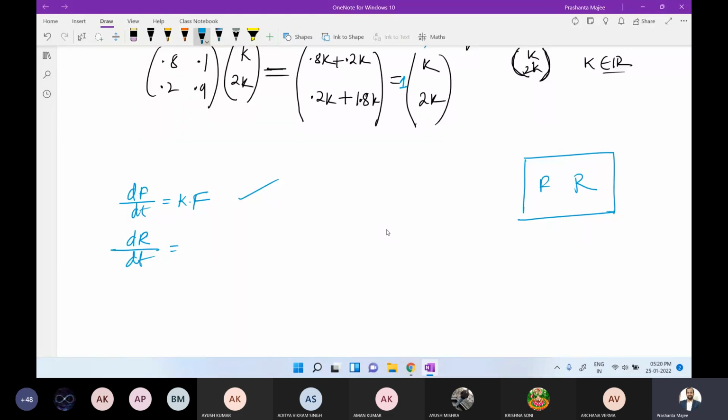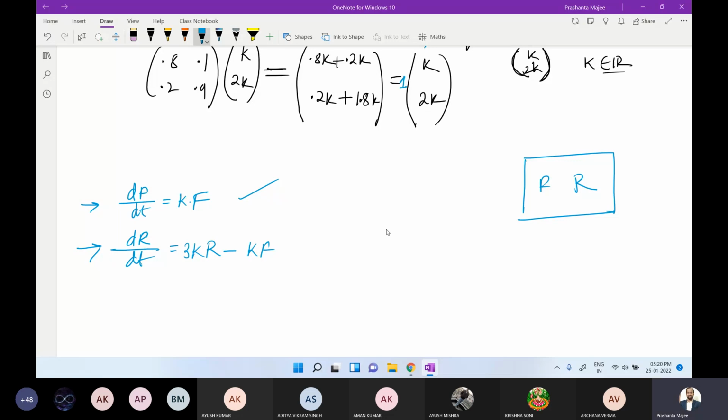So that rate will be a bit more, maybe 3 times k of rabbit, and some of the rabbits will be eaten by foxes, so suppose minus k into f. So this is the rate of change in the number of rabbits, and this is the rate of change in the number of foxes.